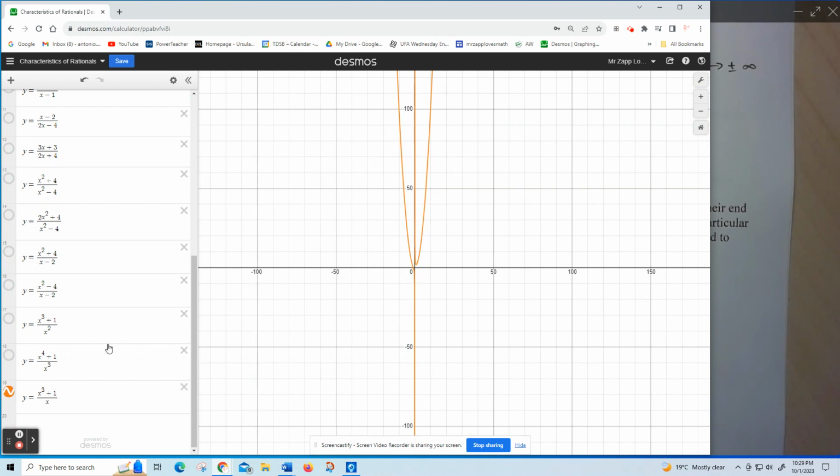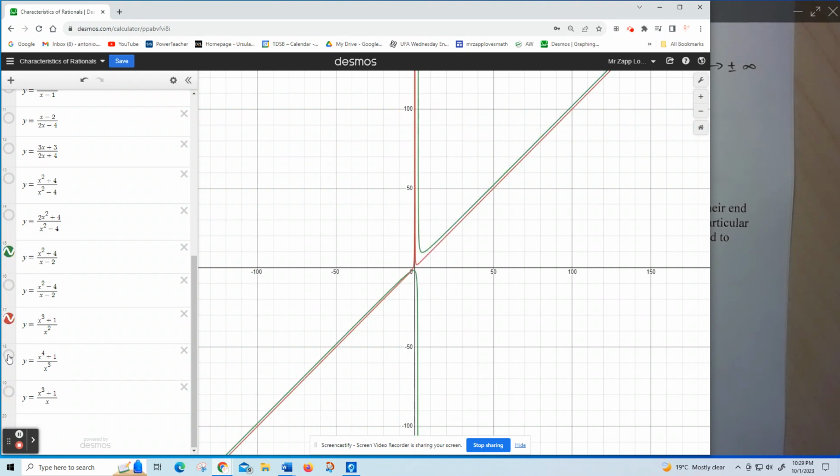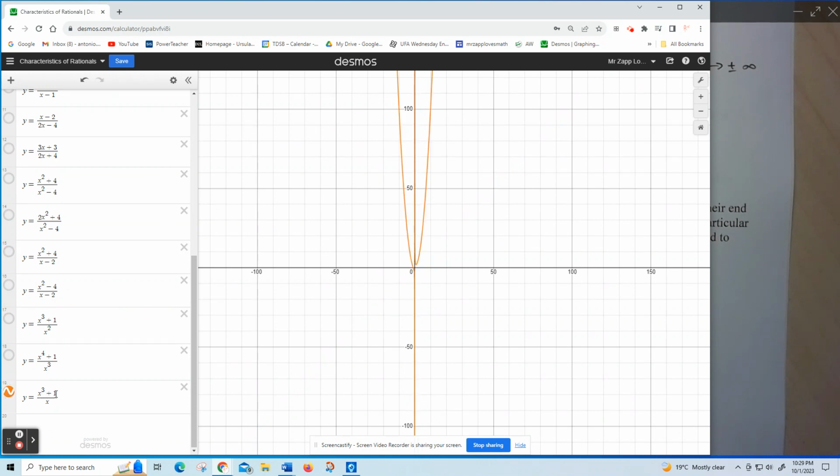So hopefully you notice that there was a pattern here. If you look at this function here, you hopefully notice that the degree of the numerator is not just larger, it's exactly 1 larger than the denominator. Whereas this one here, the degree is 2 larger than the denominator.